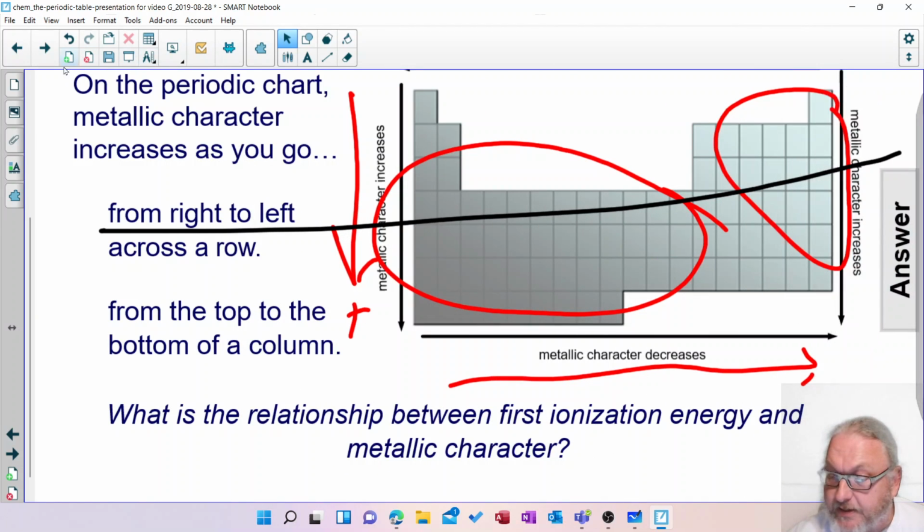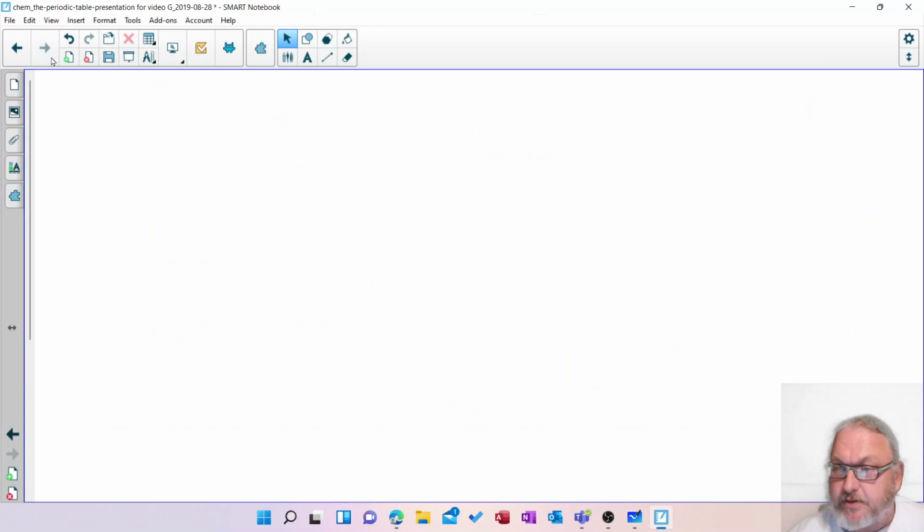So it's going to be an inverse relationship also. All right, so that's how metallic character works. Those are the trends we're going to worry about: first ionization energy or ionization energy itself, electronegativity, atomic radius, and metallic character.